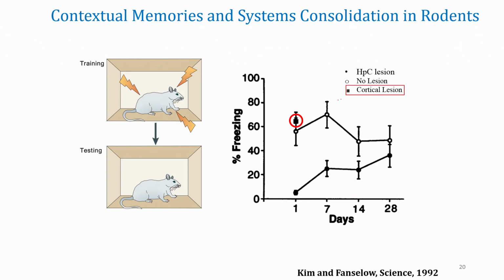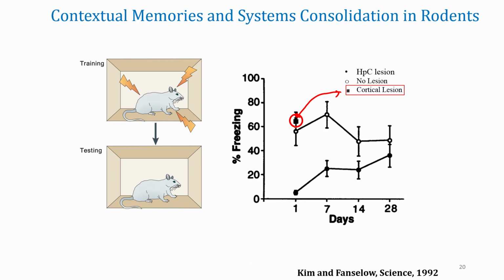Okay. There are two different controls here. One is a cortical lesion, removing a similar amount of volume, just to show that it has nothing to do with the act of lesioning and handling the animal through the surgery. This is called the double dissociation experiment, where you make the lesion in some other region and then show that it does not affect the memory.